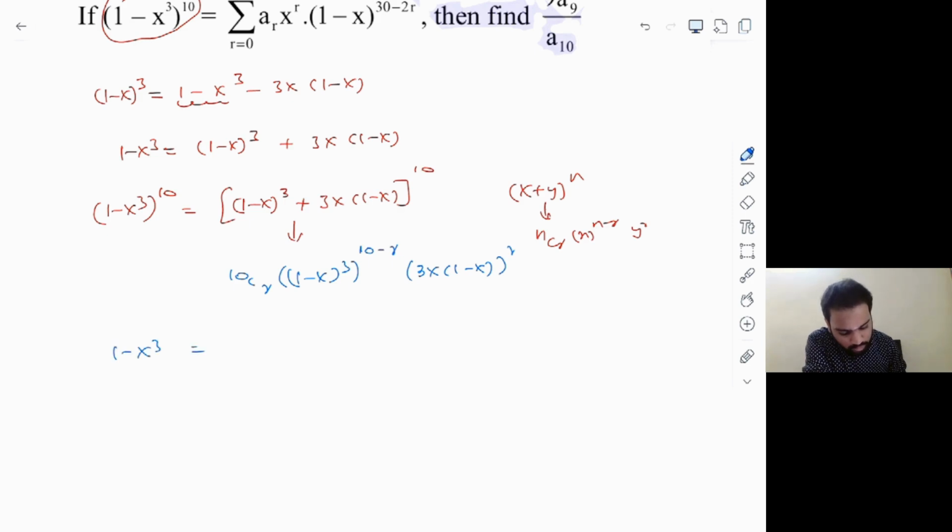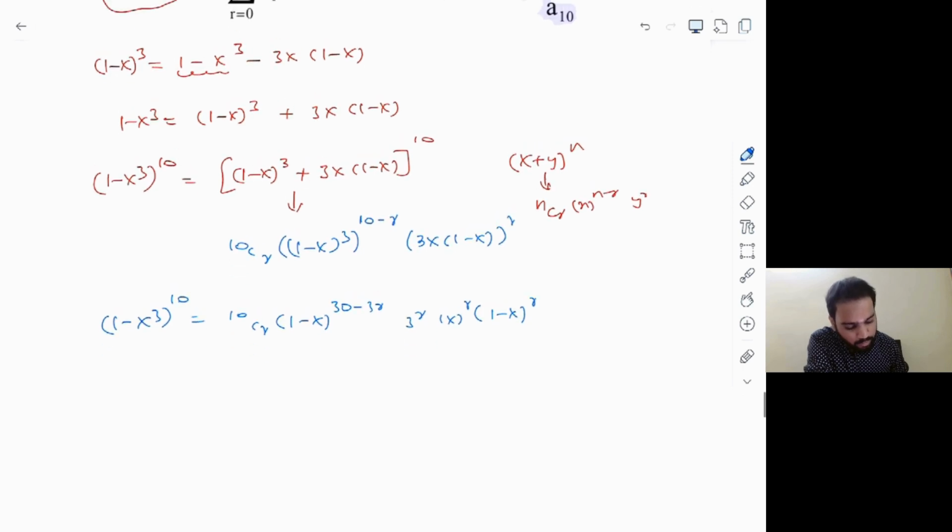This is (1 minus x cube) whole to the power of 10 is equal to 10Cr multiplied by (1 minus x) whole to the power of 30 minus 3r multiplied by 3 to the power of r into x power r into (1 minus x) to the power of r. Now let's combine few terms here. I can combine these two terms, right? And let's separate these terms also.